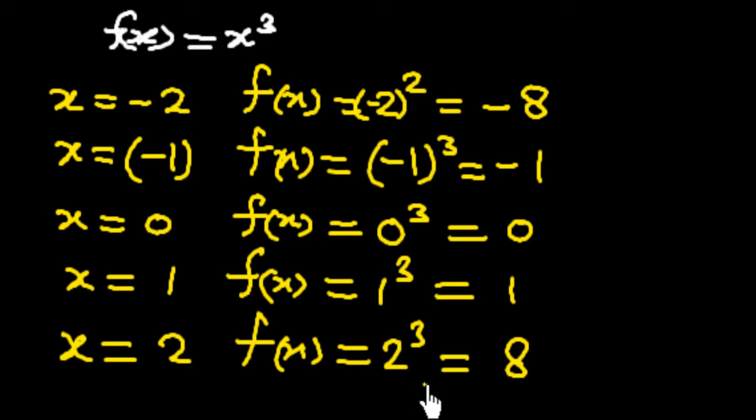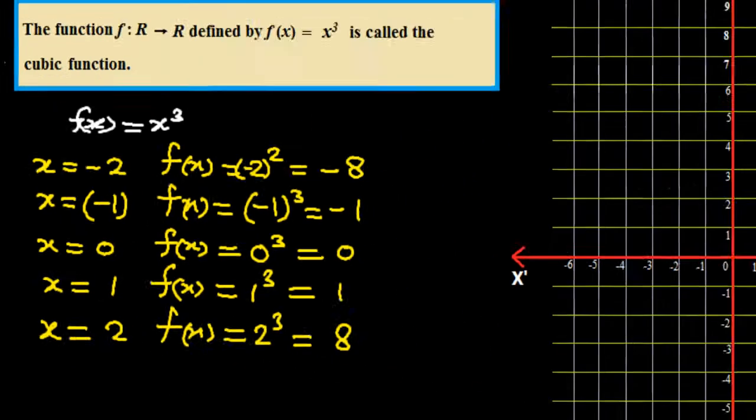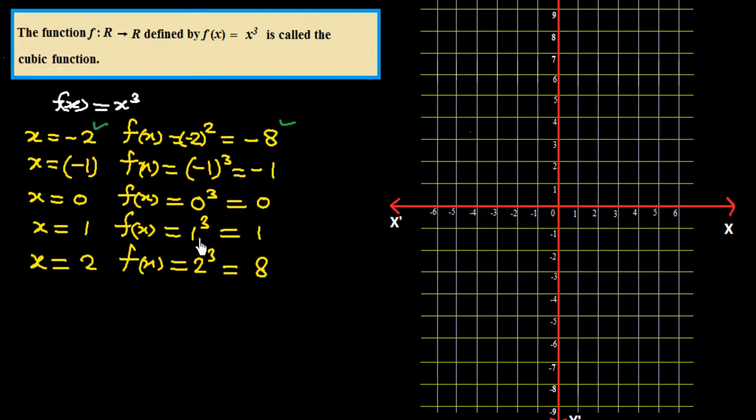So in this way we have got the values of y, also the coordinates: x minus 2, y minus 8. If we have x minus 1, we have y minus 1. If we have x 0, y 0, x 1, then y 1, x 2, and y 8. So first I would like to make a coordinate table here.